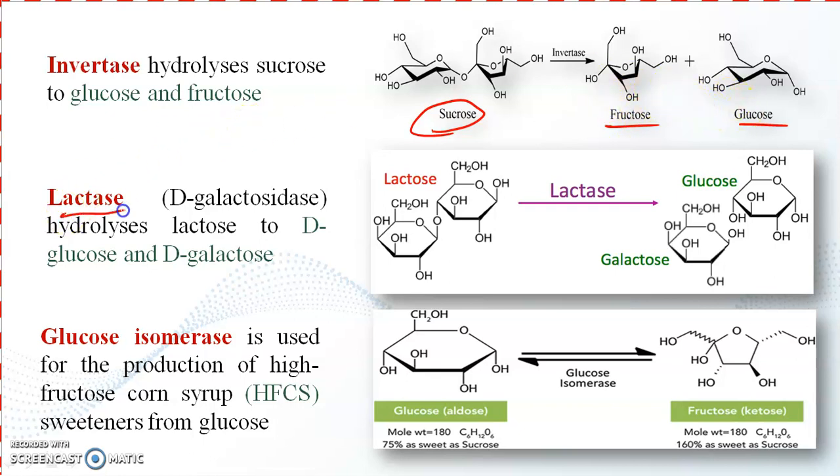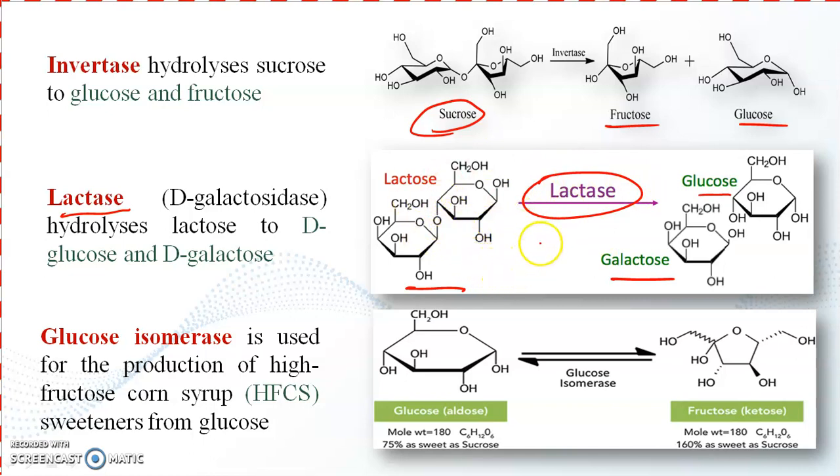Then we have the lactase enzyme, which is actually present in human intestines, and it breaks down lactose, which is a milk sugar. This sugar is present in milk, and lactase breaks down lactose into glucose and galactose, these two monomers, which are then utilized by our body. But some persons lack this enzyme, and they are not able to digest lactose.